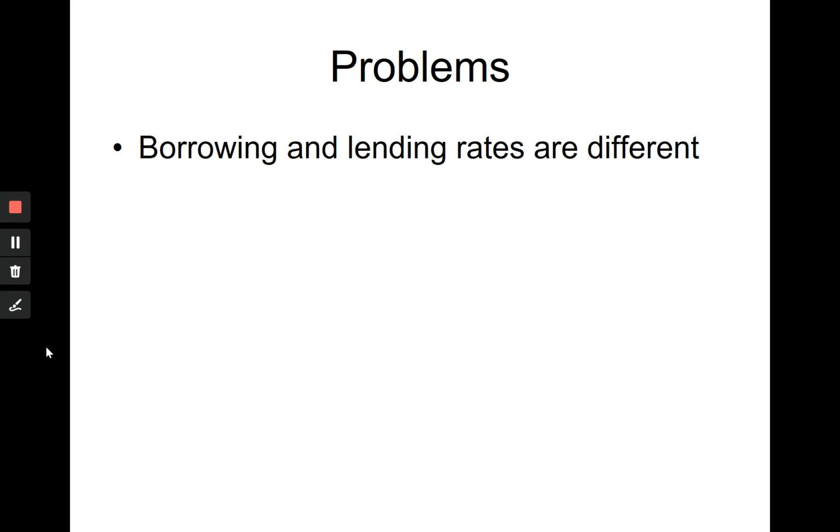What do we do about this problem? Because remember, in our arbitrage, we borrowed in US and then we lent in Japan. Now we only had one interest rate. Is that one interest rate for borrowing or for lending? Which one is it? This is very similar to the bid and ask difference we had. There were two prices there. There are two prices here.